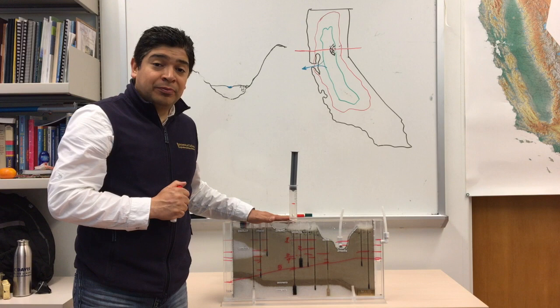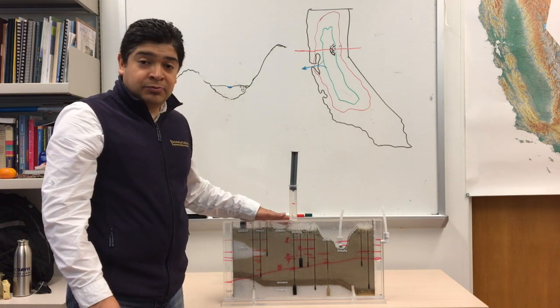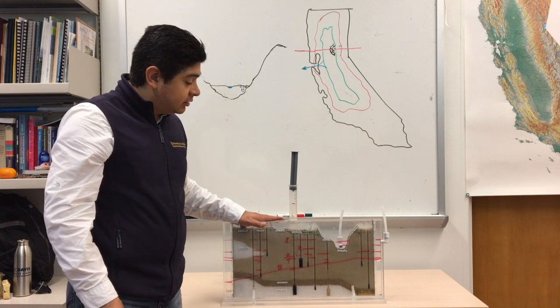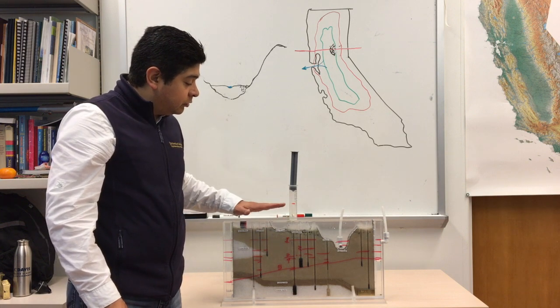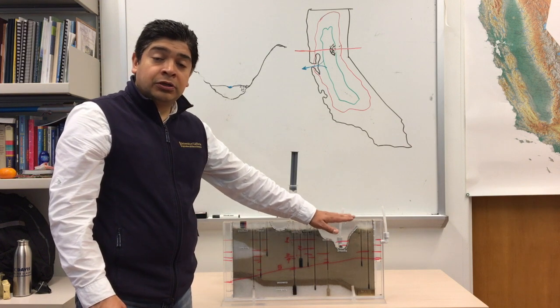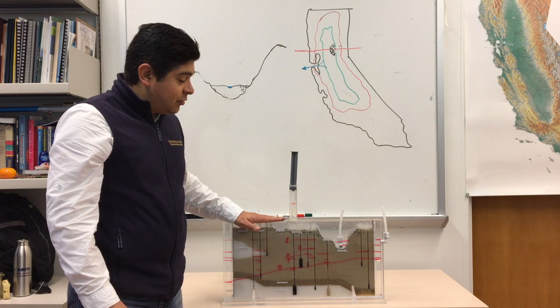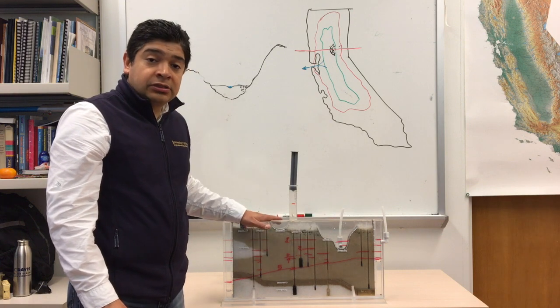With this, we're wrapping up this series of videos. Again, the take-home message is that everything is connected. What we do in our land affects our aquifer and our rivers. What we do in our rivers affects our aquifer and our land use. Whatever we do in the aquifers affects these two.